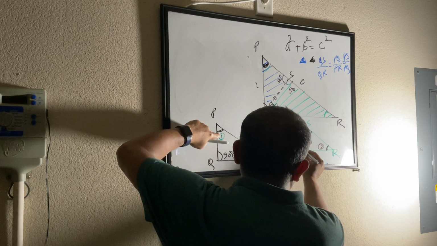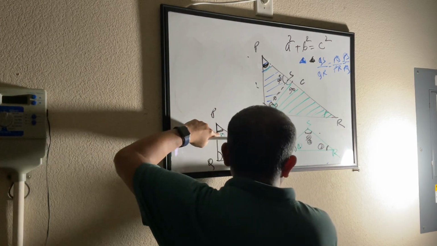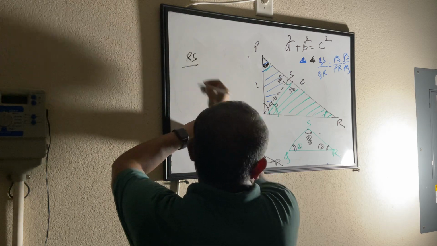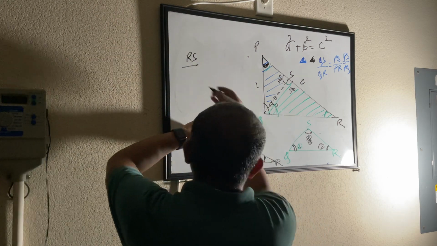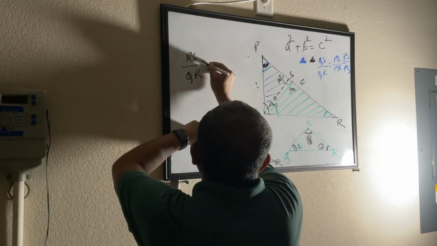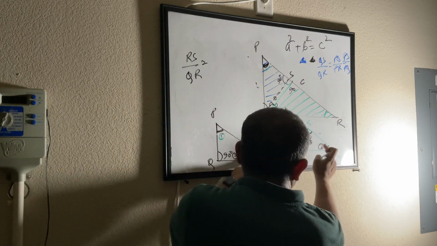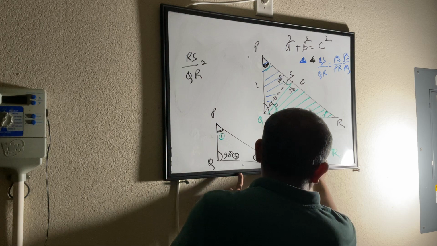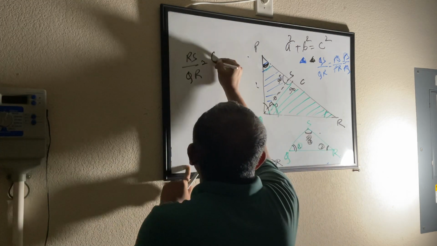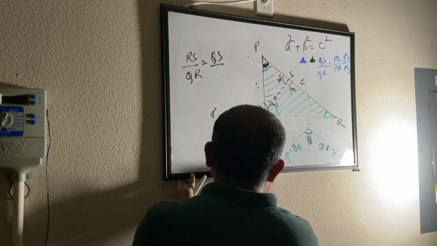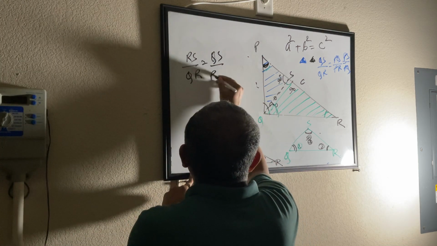1 and 1, these two are matching. Side opposite to this and side opposite to this will be RS divided by side opposite to this, which is QR. Will be equal to the second angles' opposite sides ratio. Second angle is this one, which is QS, and second angle is this one, which is PQ.